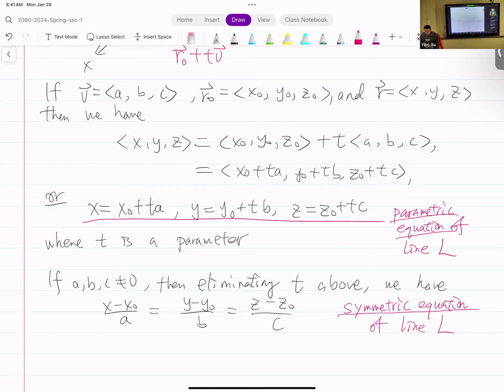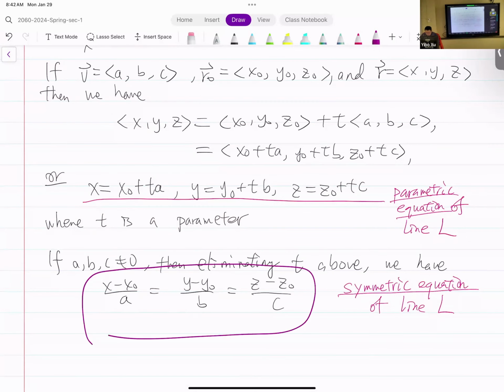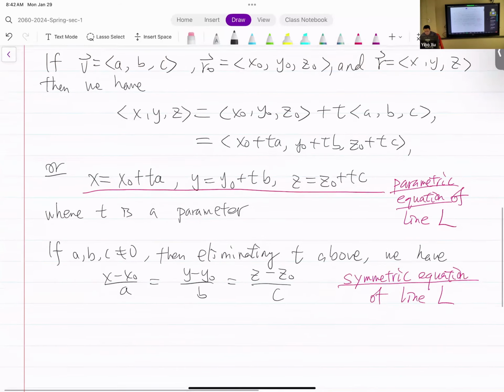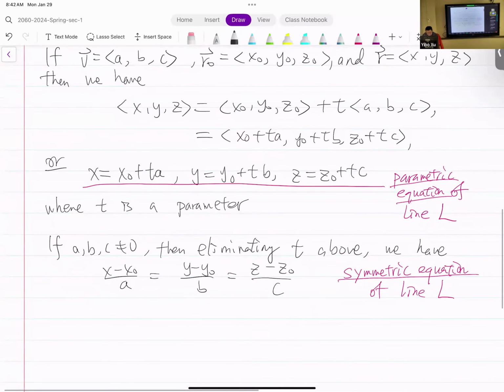And you see the symmetry, right? Because essentially these three expressions are of the same form. It's x minus the x component of whatever point on the line, you divide by the direction of v on the first component, and then you do the same for the second and the third. And then they all have to equal.